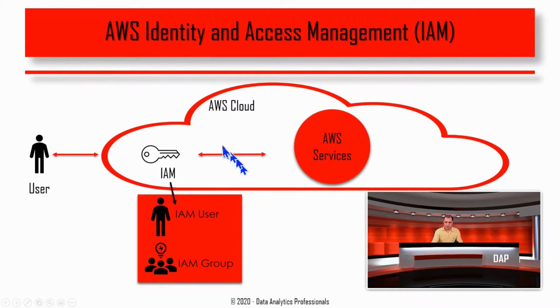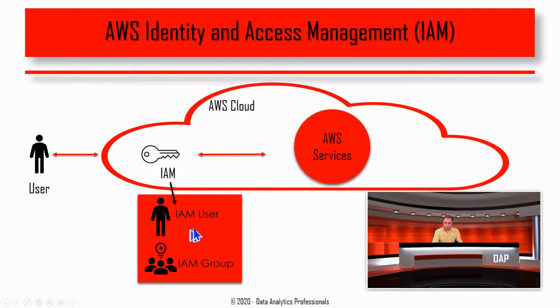On your screens at the moment, you can see an AWS Cloud with this boundary. This is your AWS Cloud, your AWS account, and within it are AWS services. You can interact with this cloud and access these services as a user through IAM.